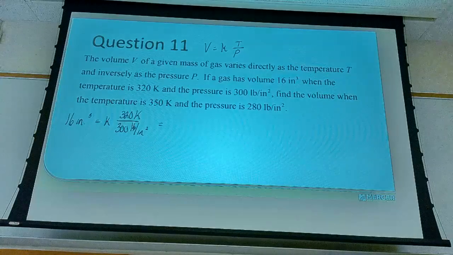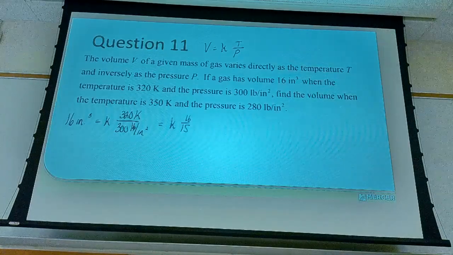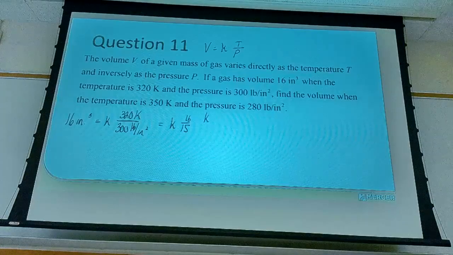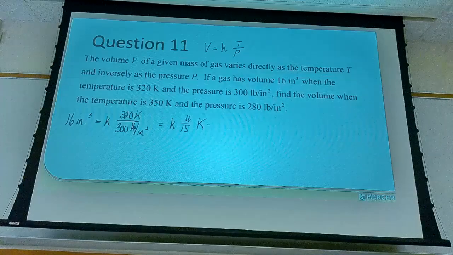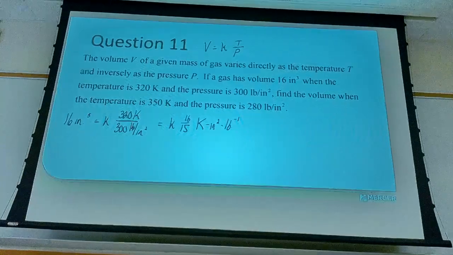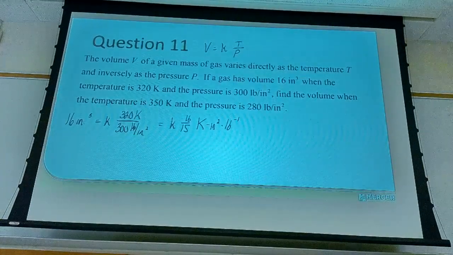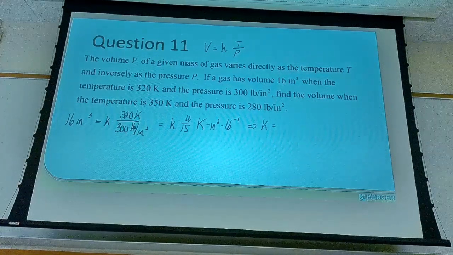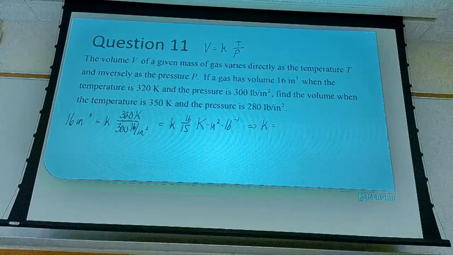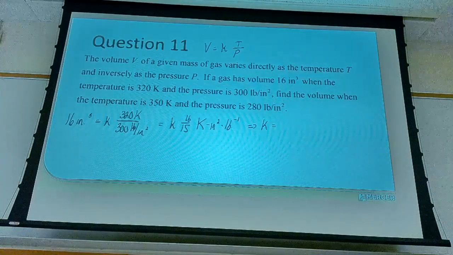320 divided by 300 is 32 over 30, 16 over 15. Kelvin, square inch, inverse pound. Oh, that's nice. 16 divided by 15 sixteenths, or 16 fifteenths.